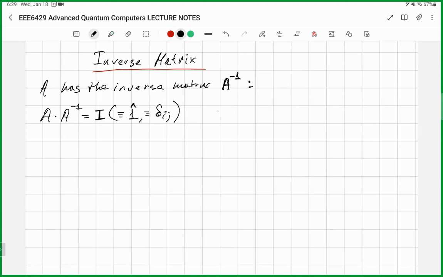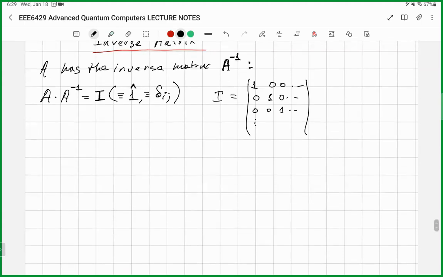So the identity matrix is simply 1 0 0, 0 1 0, 0 0 1, and all the way down, so basically units on the main diagonal and zeros in the off-diagonal components.